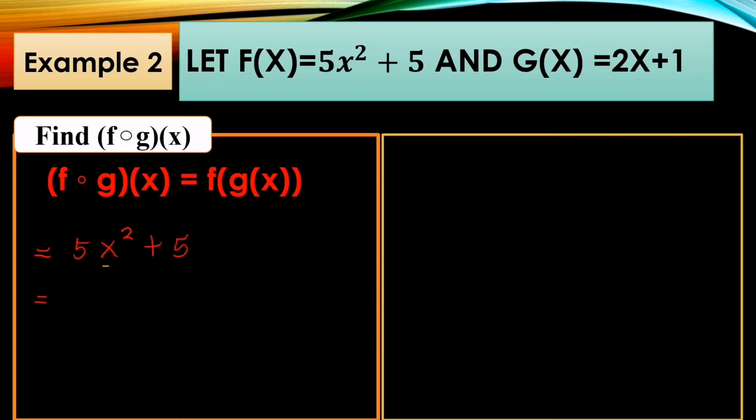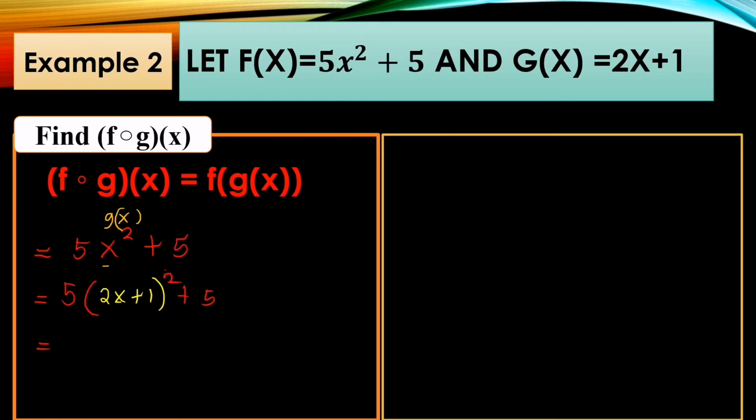We substitute the value of our x by using g of x. So 5 times the function g of x, which is 2x plus 1, squared, plus 5.